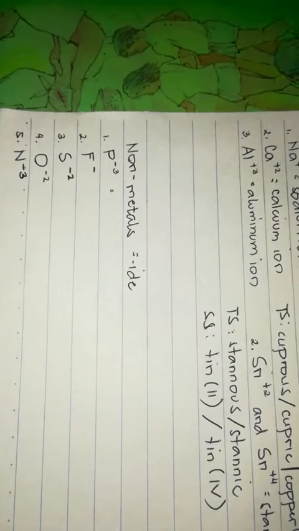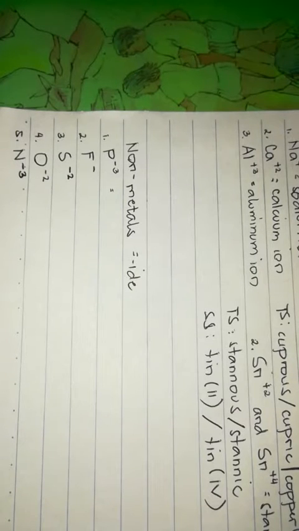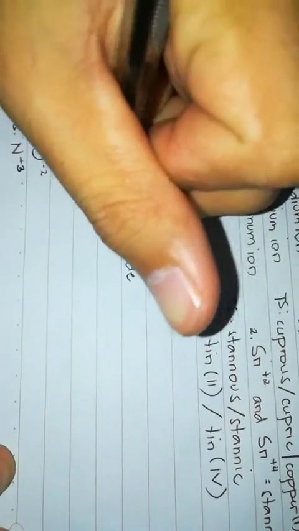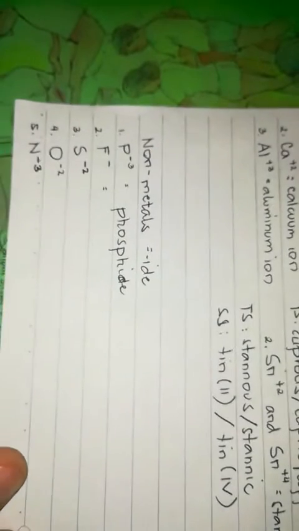So in non-metals, actually, hindi na natin titignan kung gaano kalaki yung kanyang charge. It could be either -1, -2, -3. Hindi natin titignan yung kanyang number. Ang titignan natin ay ang kanyang charge na negative. So, this is phosphorus. It will now become phosphide.